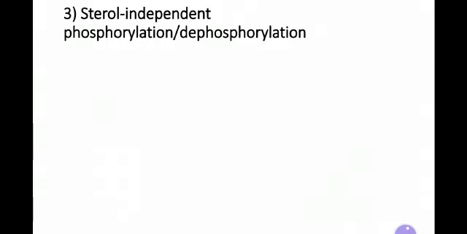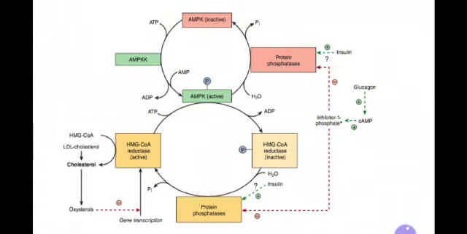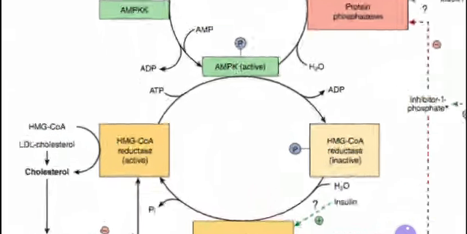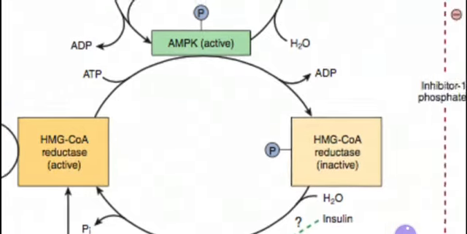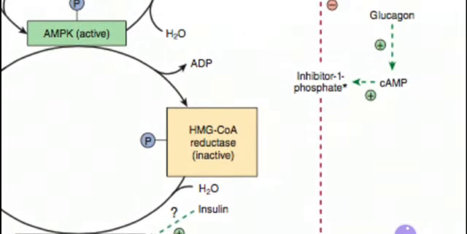Now the third factor is the sterol independent phosphorylation and dephosphorylation. Here you are seeing that HMG-CoA reductase, when it is dephosphorylated, is active, and when it is phosphorylated, it is inactive.